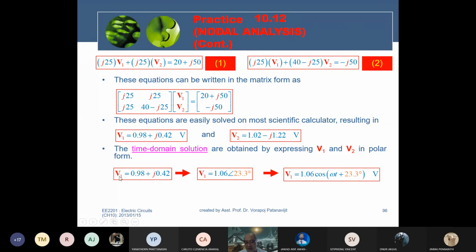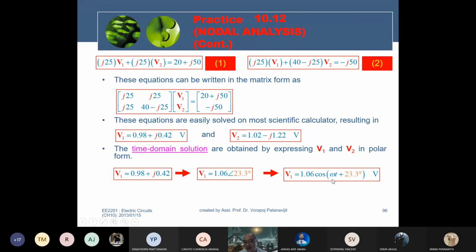After you convert from complex number into polar form, you can convert to the time domain easily. The magnitude is 1.06, the phase angle shift is 23 degree.